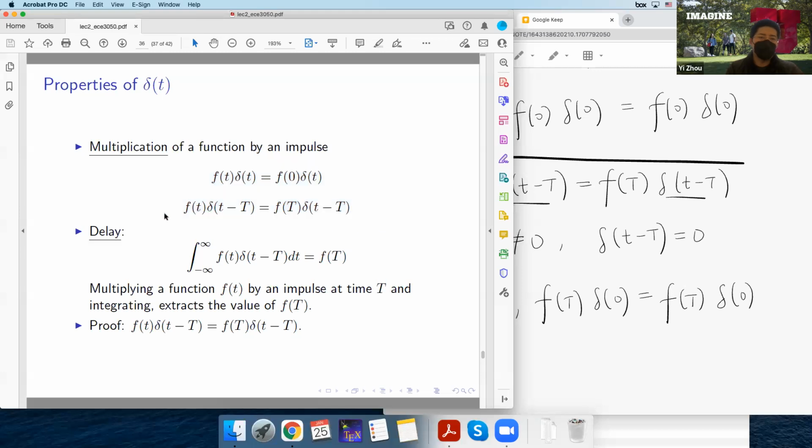And following that, we can derive this very useful property.